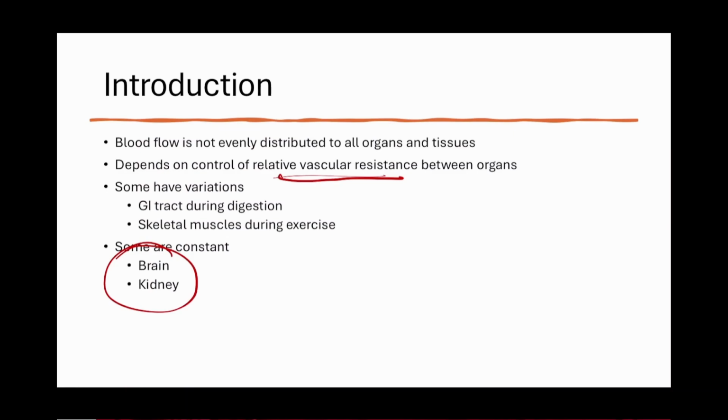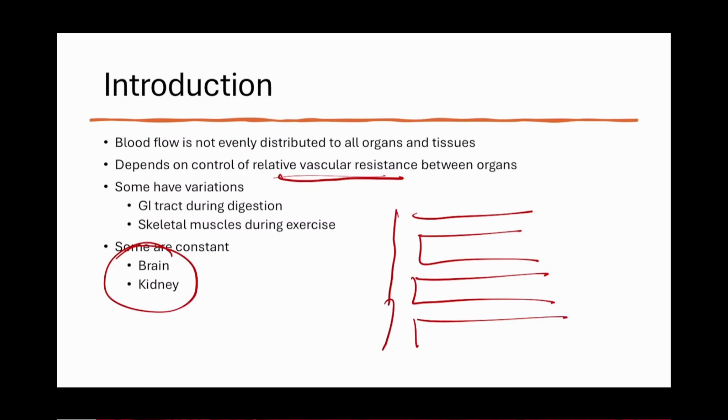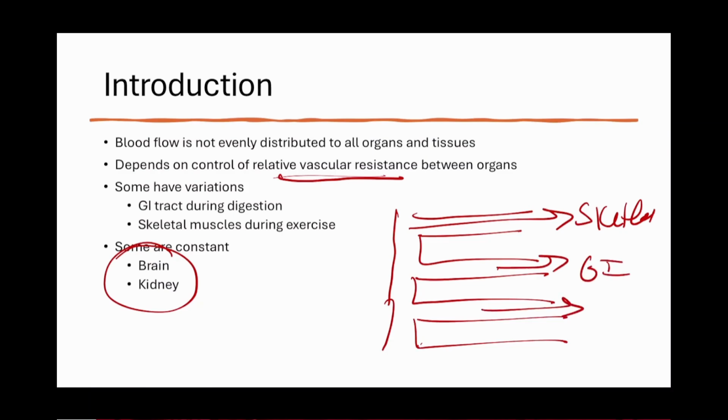The systemic circulation, though, when you break it out, is in parallel, which means you can go to one system, another system, and this blood flow can go to the skeletal muscle. This blood flow can go to the GI system. This one can go to the brain. This one can go to the kidneys.